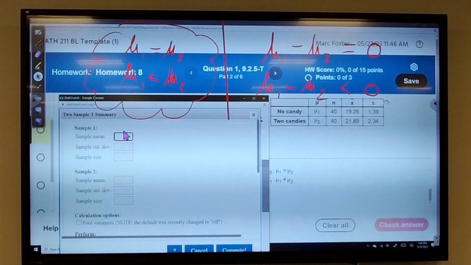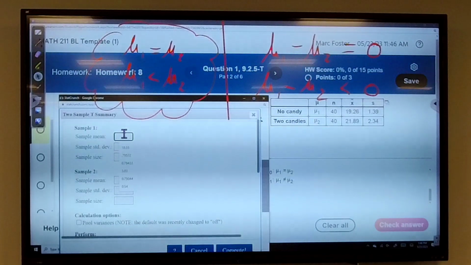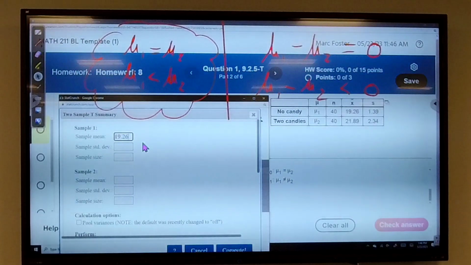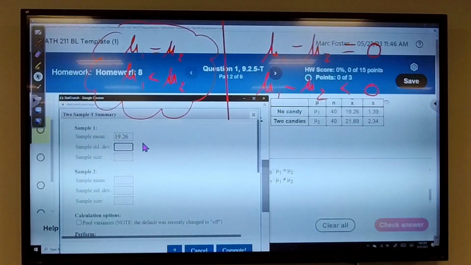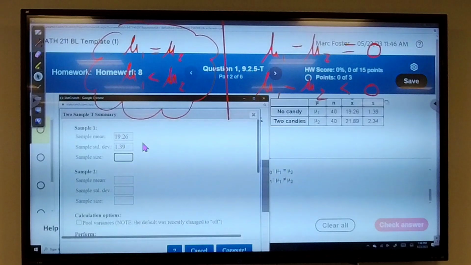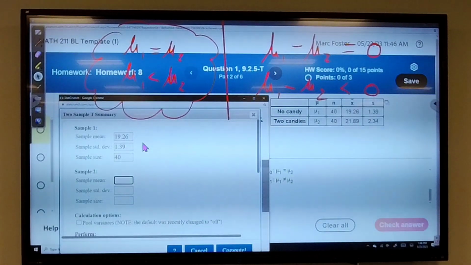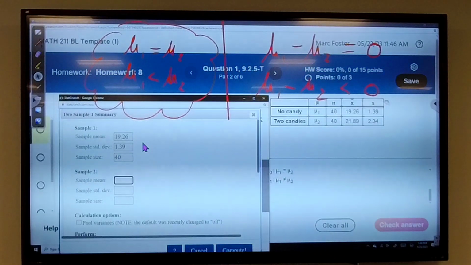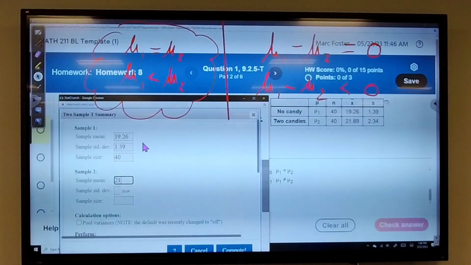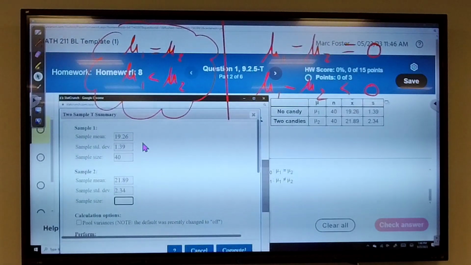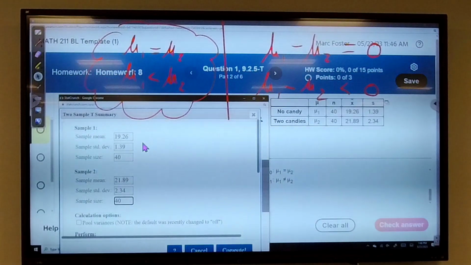So the sample mean for the group that got no candy was 19.26, with a sample standard deviation of 1.39, and it had a sample size of 40. For group 2 that did get candy, the sample mean was 21.89 with a standard deviation of 2.34. The sample size was also 40.